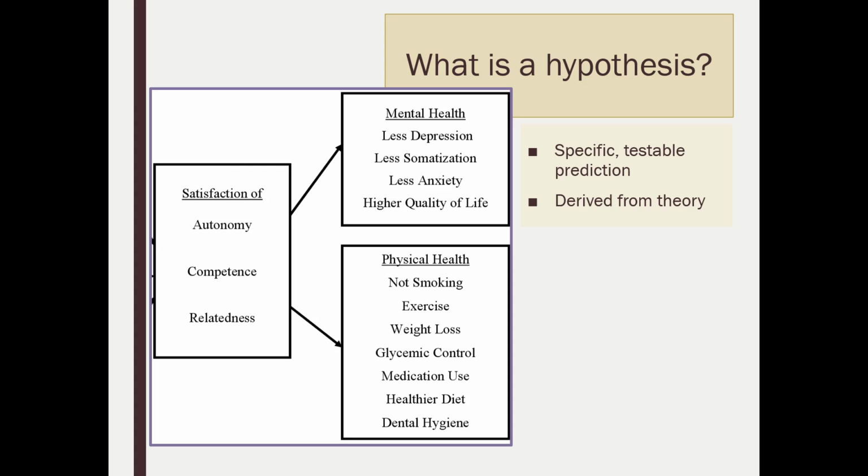So you could imagine that if you could measure a person's level, how much their autonomy is being met, how much their competence is being met, how much their relatedness is being met.